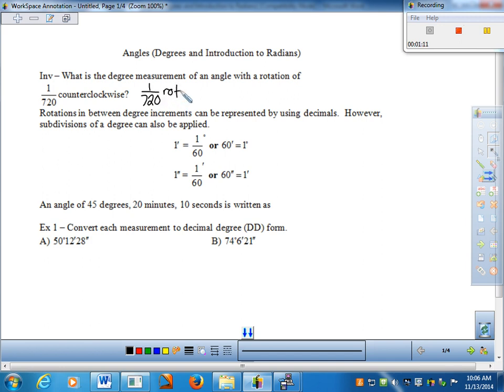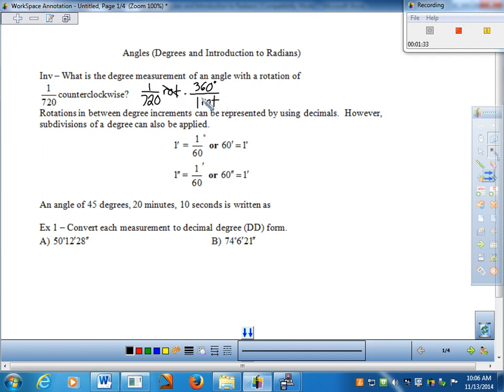So I have 1/720th of a rotation. And if I want to convert that into degrees, I'm going to use what is called dimensional analysis. I'm going to use the fact that 360 degrees is one rotation counterclockwise. This allows us to change the units without changing the value.